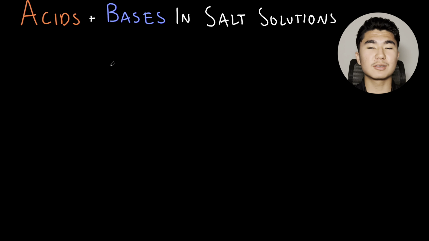It's kind of a seesaw effect: if the strength of an acid is weak, then the strength of the base will be stronger, and if the strength of the base is weak, then the strength of the acid will be stronger. It's a seesaw kind of balancing effect.